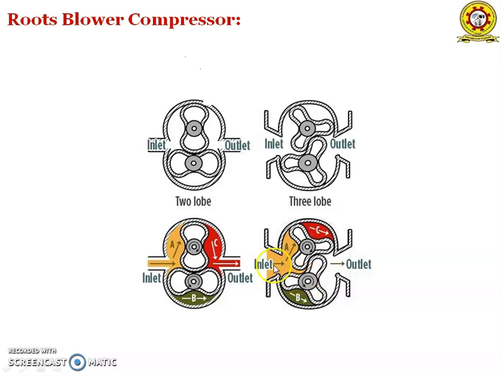The backflow of air. It will be interesting to note that when the rotating lobes uncover the exit port, some air under high pressure will flow back into the pocket from the receiver. It is known as the backflow process, that is, some of the outlet air enters back.